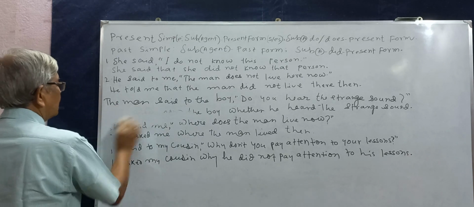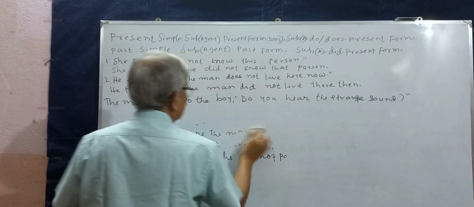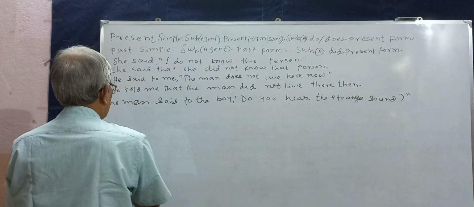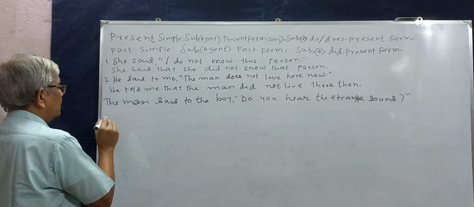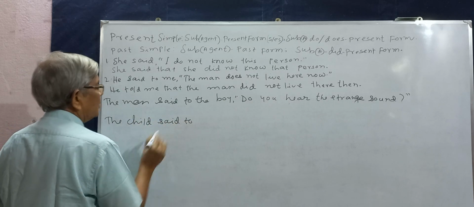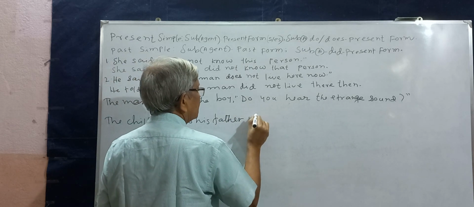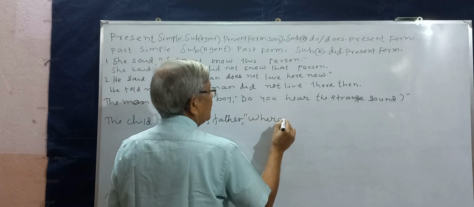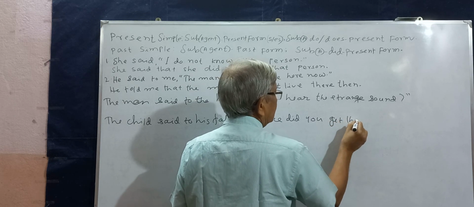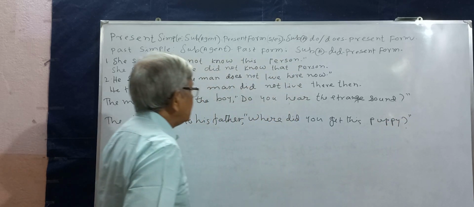For example, the child said to his father, where did you get this puppy? Where did you get this puppy?